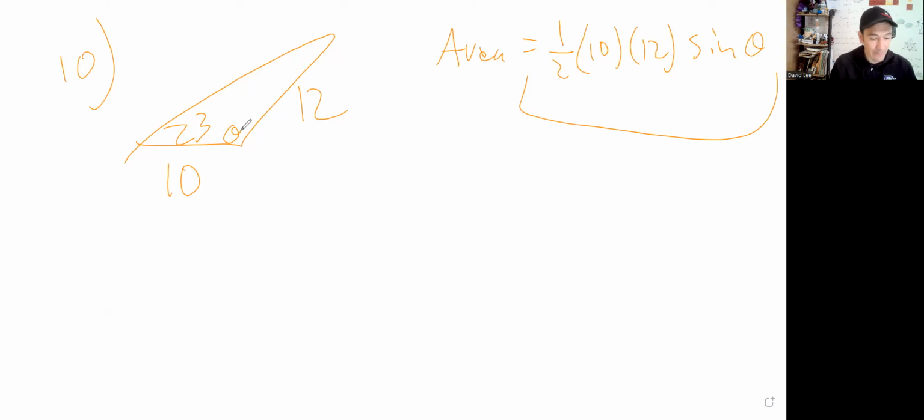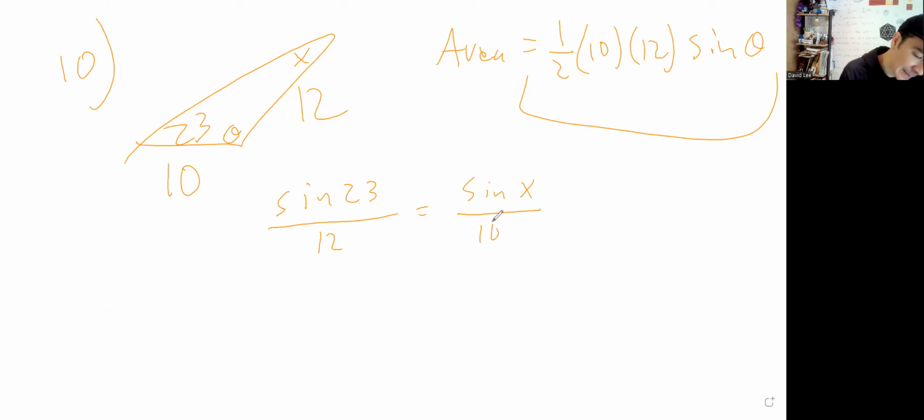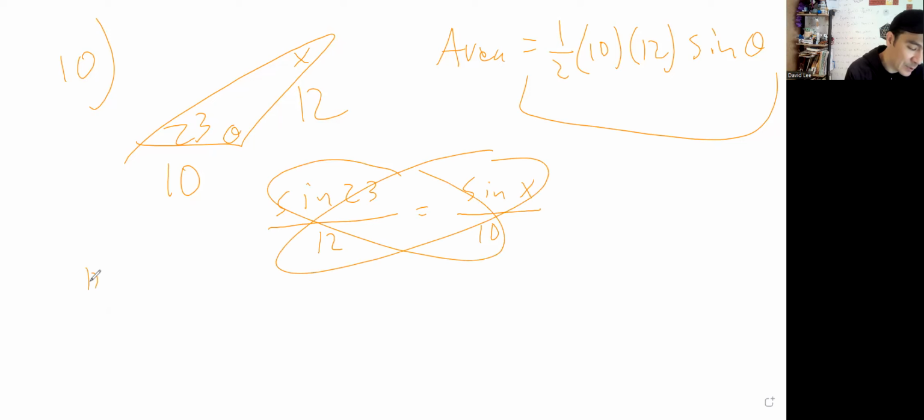Let's find theta. First find x with law of sines: sine of angle 23, and its matching side would be 12, and sine of angle x, because that's going to be 10. Let's find x, and then we can find theta. Once you know theta, you can put it in there, and then we're done. Cross multiply: 12 sine of x equals 10 sine 23.